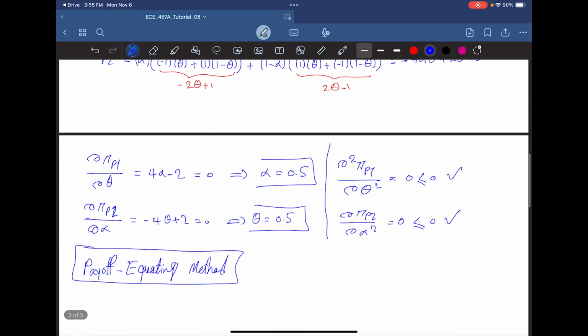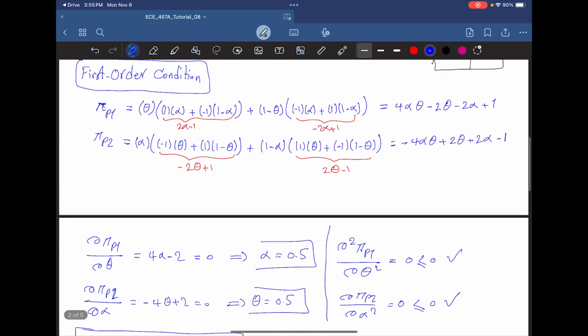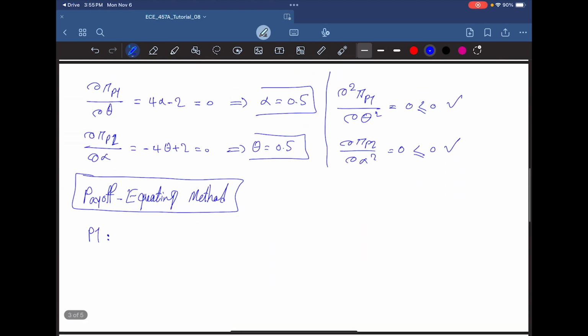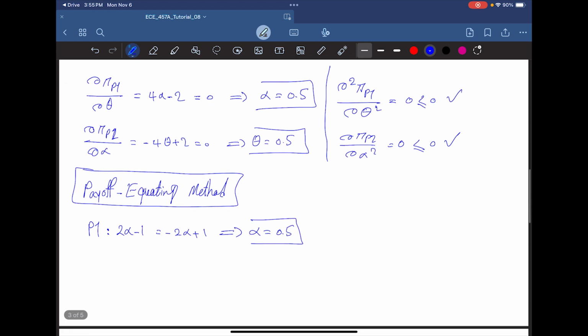So for player 1, we will have 2 alpha minus 1 equals negative 2 alpha plus 1, which results in 0.5, same value.